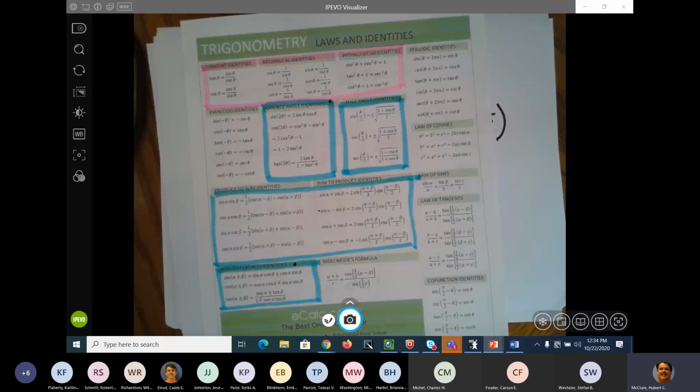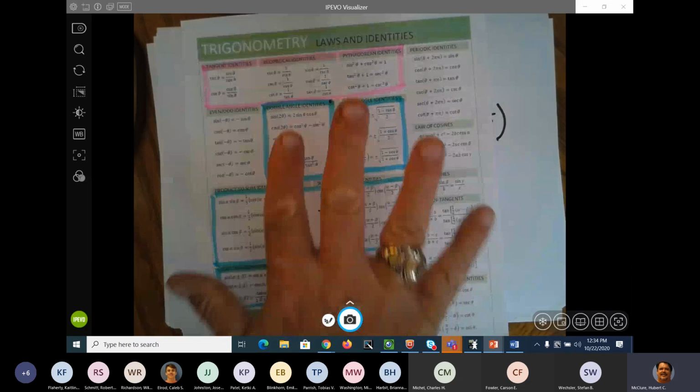And you're not talking about a lot of questions on the test, probably 10 questions. It's not going to be a lot. And besides, if you have to use these in calculus, you're going to use a cheat sheet anyway. So all you have to learn is how to use them.